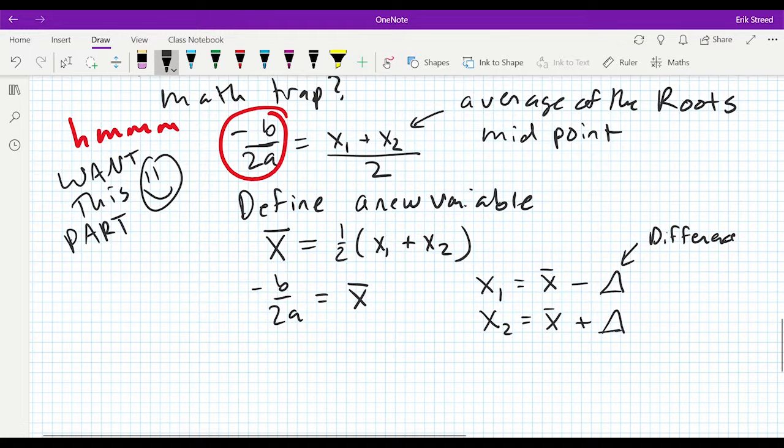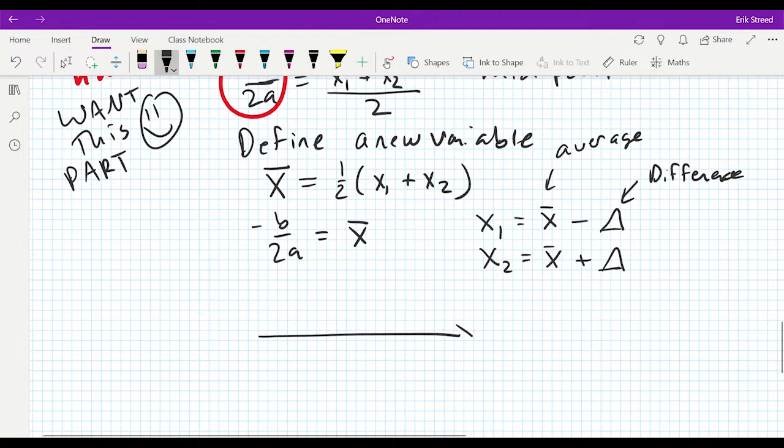D-I-F-F-E-R-E-N-C-E. My spelling is not that great. So here we've got the average, and here we've got the difference. So instead of talking about things in terms of positions, we're going to talk about it in terms of an average and a step away.